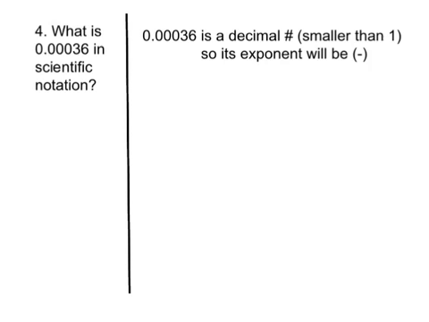We're going to move this decimal point over 1, 2, 3, 4 spots, so we make the number 3.6, which is a number between 1 and 10. Because we moved that decimal over 4 spots, our exponent is going to be 4.